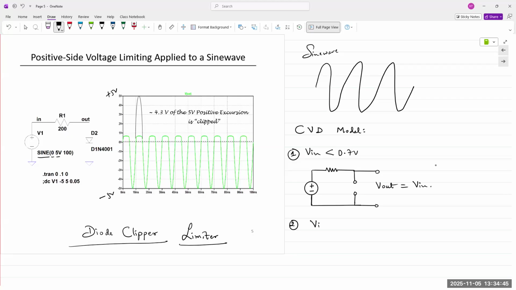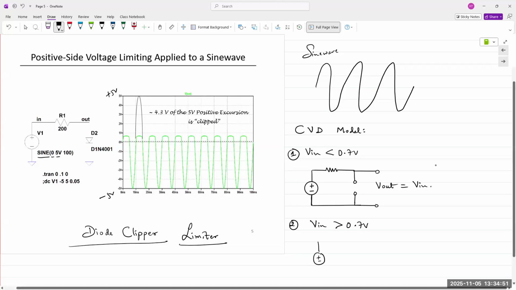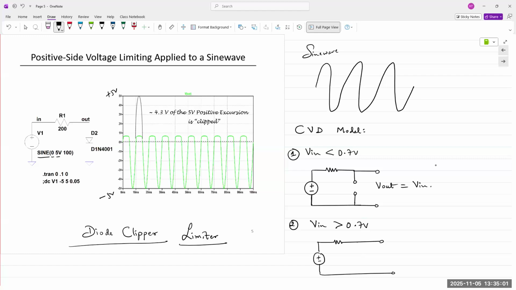And then V in greater than 0.7, the diode conducts, it's on. So for the positive cycles, the diode is like a short in series with a voltage source of 0.7.